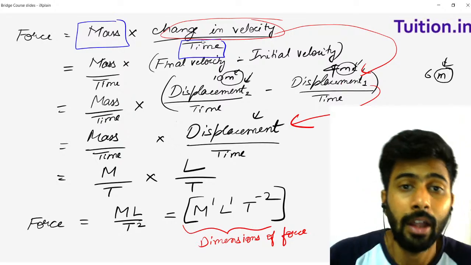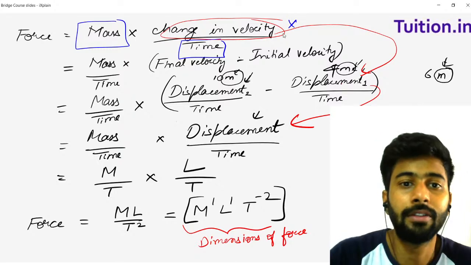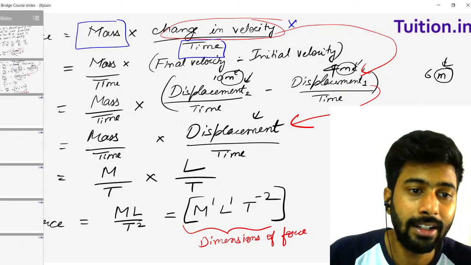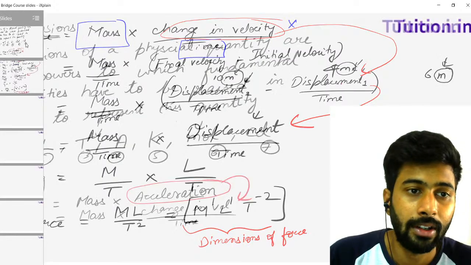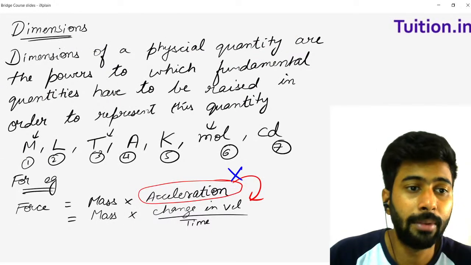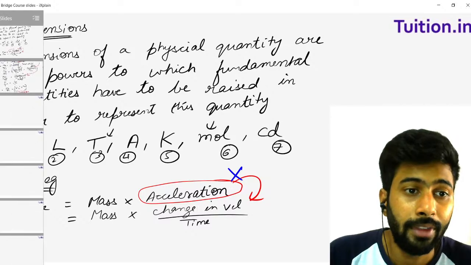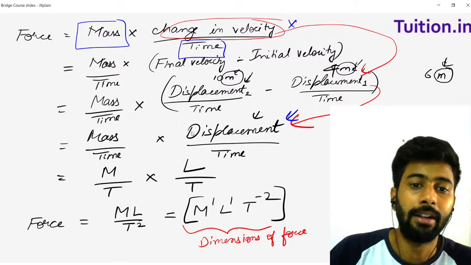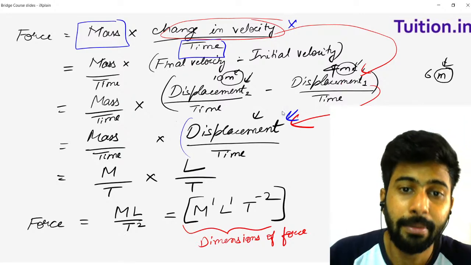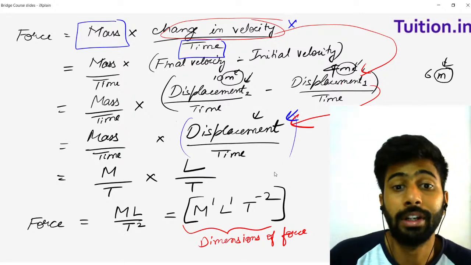But velocity is not a fundamental physical quantity. The acceleration, from where we started this whole journey, wasn't a fundamental physical quantity. So I had to come all the way to displacement, in fact displacement by time, and only then I could stop.